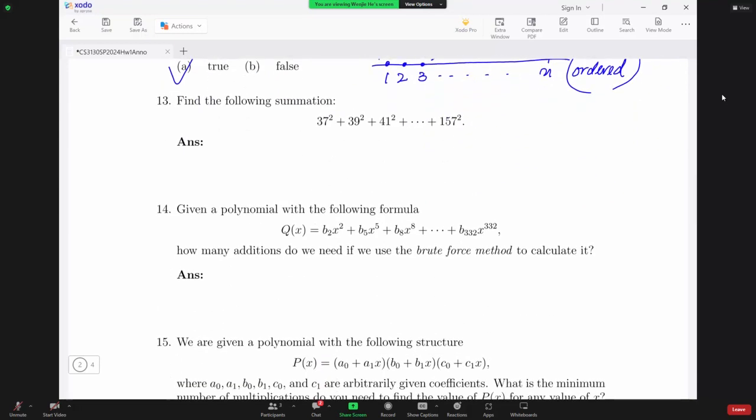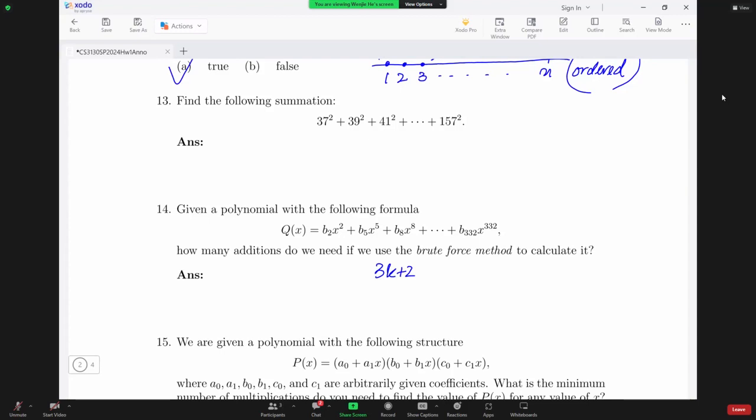Number 14. Brute force method. Number of additions. In my grading, one student just missed by 1. Look at the subscript or superscript, the format, 3k plus 2. A multiple of 3 with remainder 2.